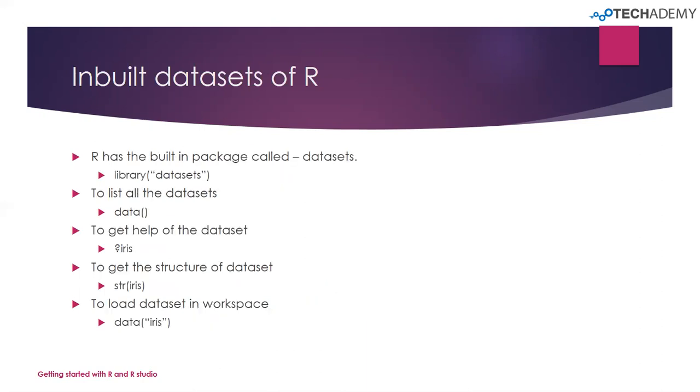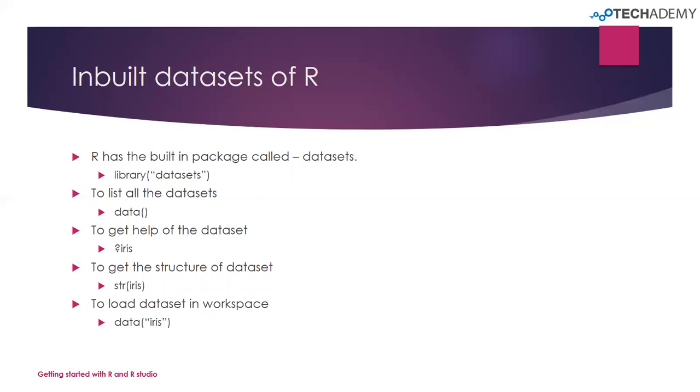R has a built-in package called datasets. You can load this package using the function library(datasets) and list all the datasets available using the data function. If you want to get help on any specific dataset like iris, you can specify a question mark and then the dataset name.